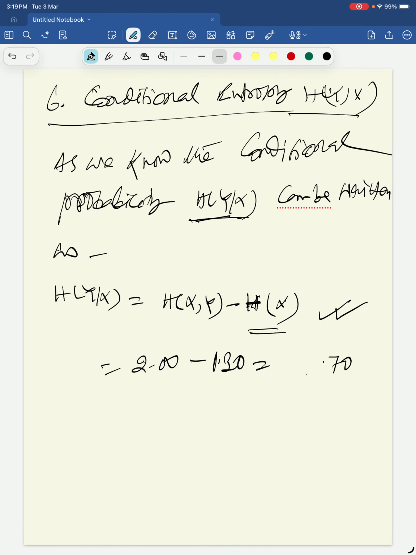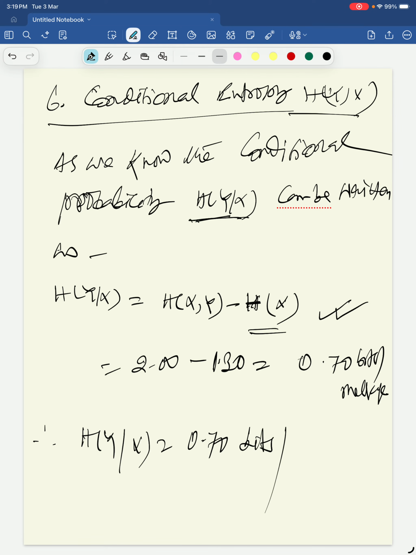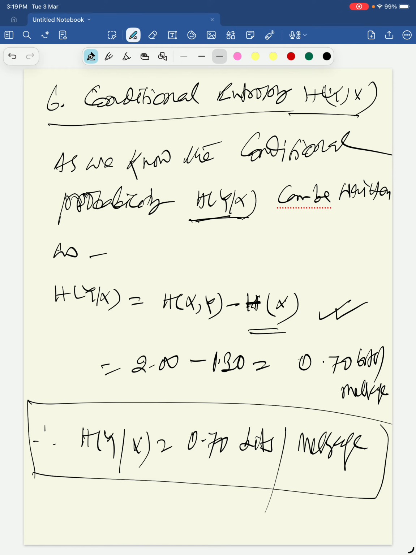So 0.70 bits per message. Therefore, H of Y by X is equal to 0.70 bits per message. This is the final formula, our final expression.